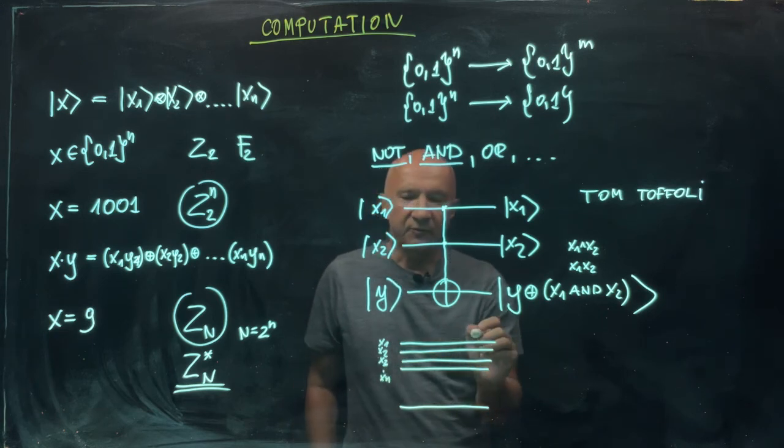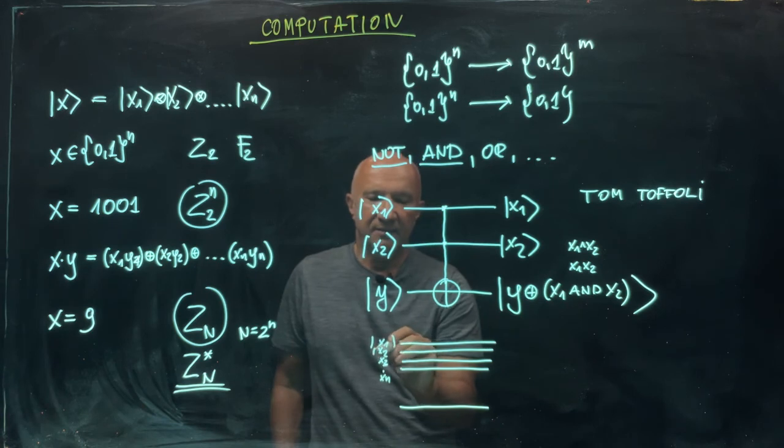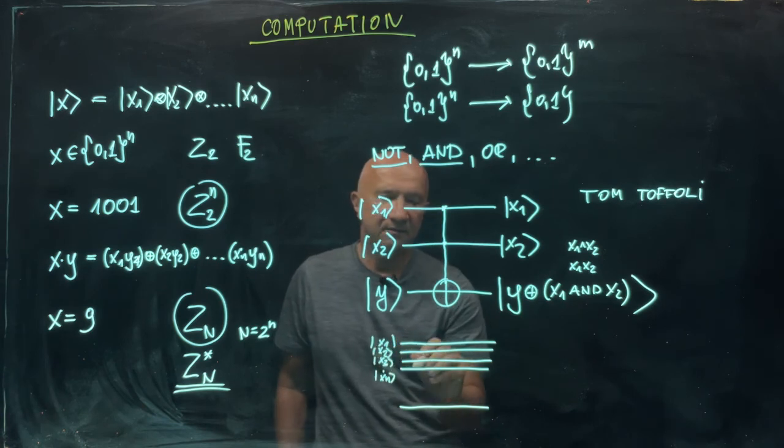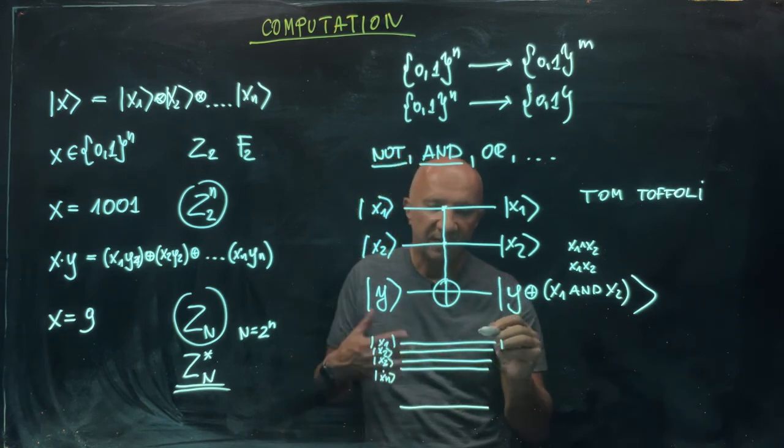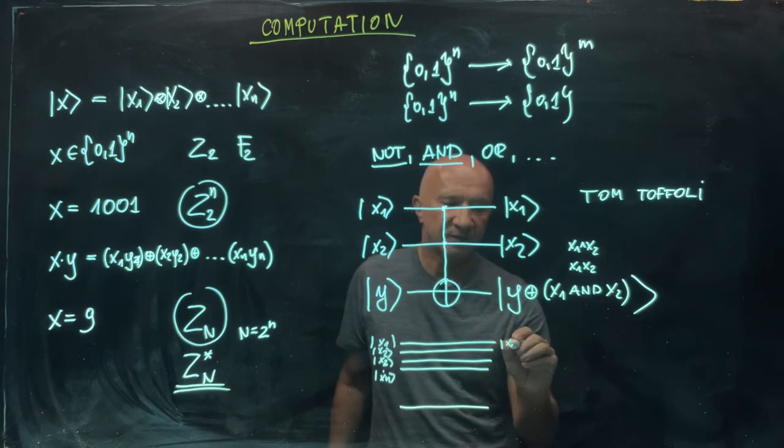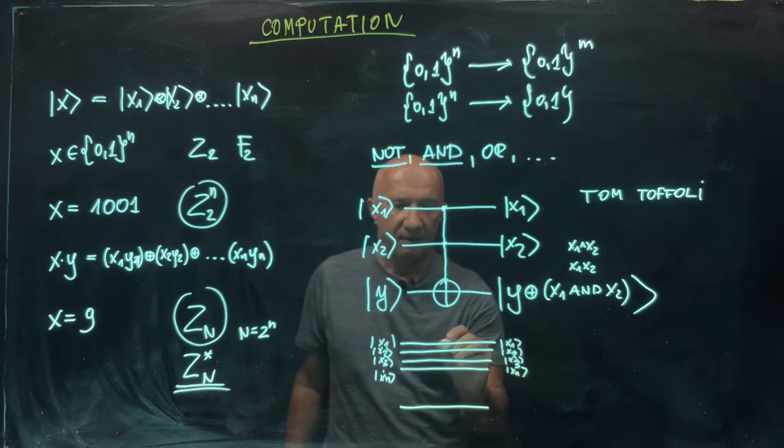And those values will survive, so the kets in those states will appear at the output after the function evaluation in the corresponding qubits in the first register.